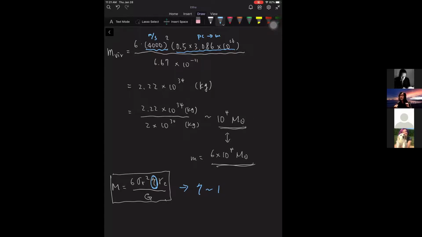But if we're looking at a cluster of gas or even a galaxy, the density distribution can vary with radius, right?